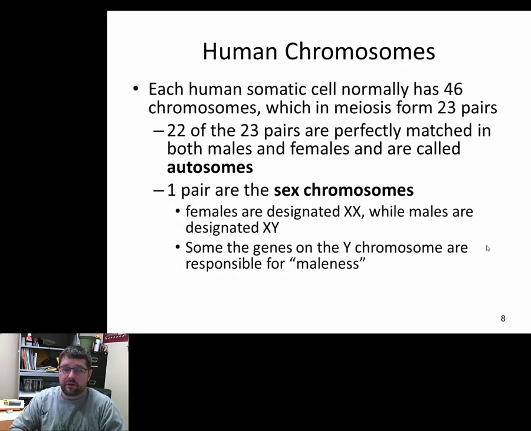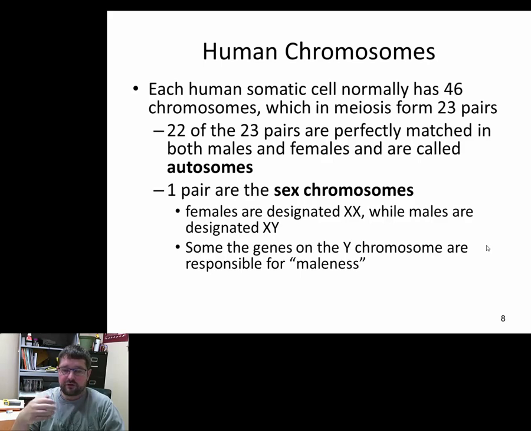The last pair of chromosomes is what we call sex chromosomes. And sex chromosomes for humans, okay, are going to be in the form of XX for a female or XY for a male. Now remember, if we're talking about different species, there's a very different variety, and we already talked about this before, but if you're talking about birds, it's ZW and ZZ.